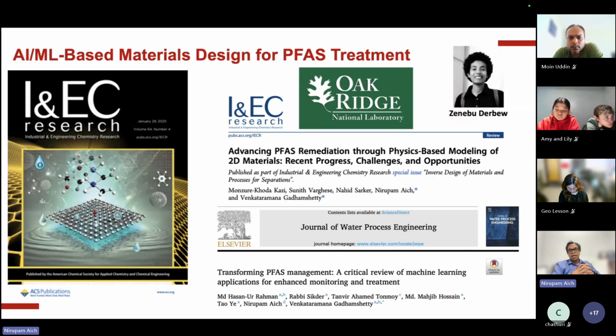So now we are looking at an AI and ML approach. One of my students, Jenebu, is working on identifying what types of materials we can use to degrade PFAS by looking at the literature, at information about other adsorbents, and at PFAS chemistry, and how you can combine these ideas together.